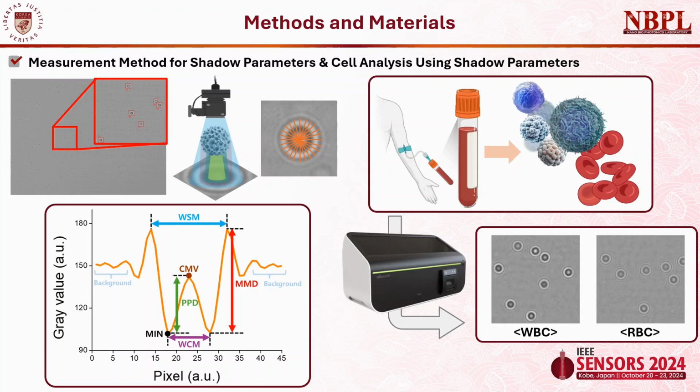And we separated human blood into red blood cells, RBCs, and white blood cells, WBCs, and captured their shadow images using LSIT. As expected, the shadow images of RBCs and WBCs were noticeably different.